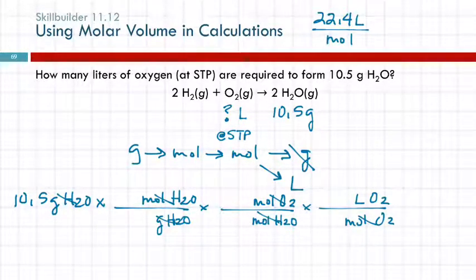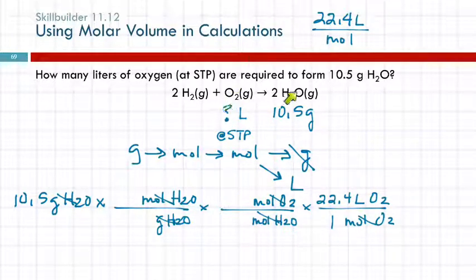Got all my units in place, then I go looking for numbers. This 22.4 liters per mole: over here, liters is in the numerator, so I want 22.4 with the liters, and it's 1 mole.